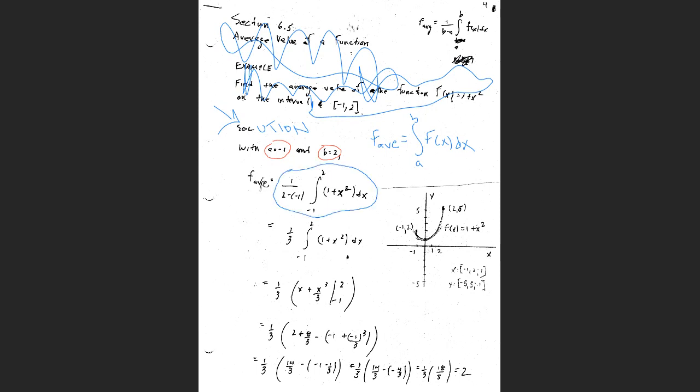It's just a simple calculus 1 problem, really. You don't need a substitution on this one. You just evaluate the antiderivative. The antiderivative of 1 plus x squared is x plus x cubed over 3. And then you substitute in the 2 and the -1. And it turns out the average value is going to be 2.